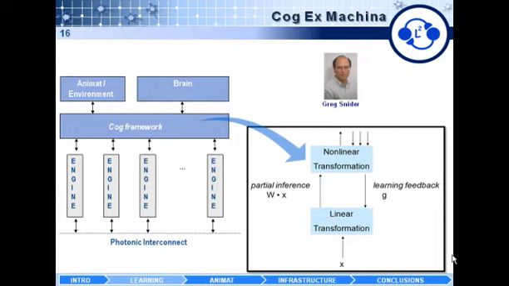And the nonlinear transformation pertains to the cell dynamics of the postsynaptic neuron. So it takes the input given by the linear transformation, performs the somatic operation, and then feeds that forward to the next neural stage, and also provides some feedback in order to guide learning.